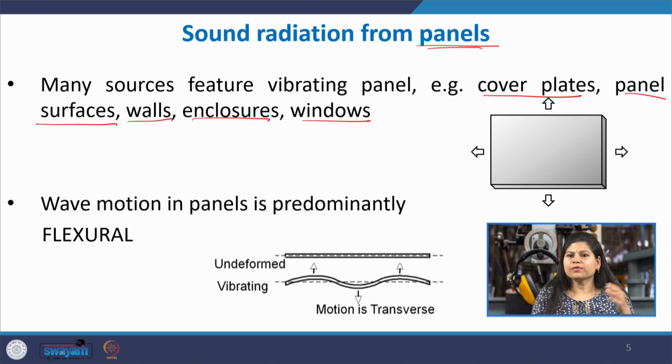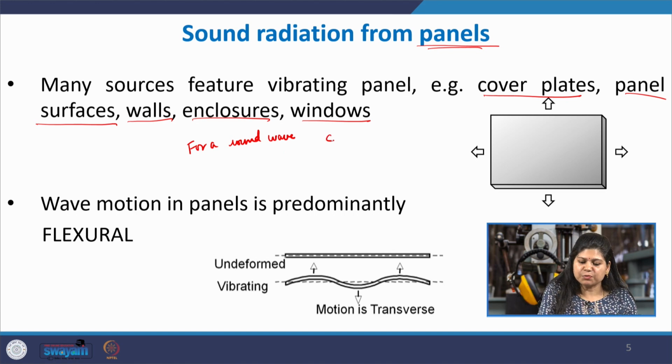Till now, most of the simplified source models we studied were vibrating and creating sound waves. And for a sound wave, whenever it is created and propagating in the medium, the speed is independent of the frequency of that wave.